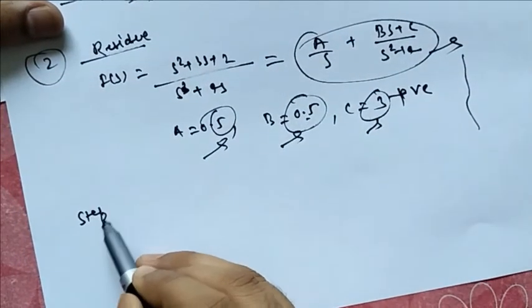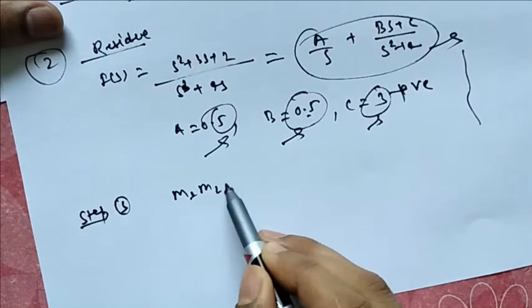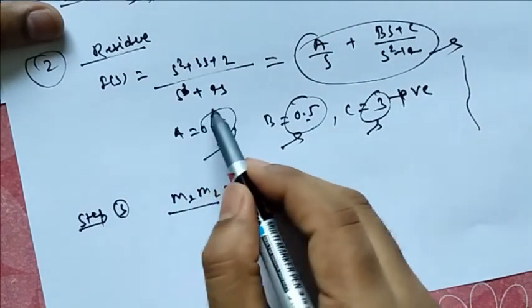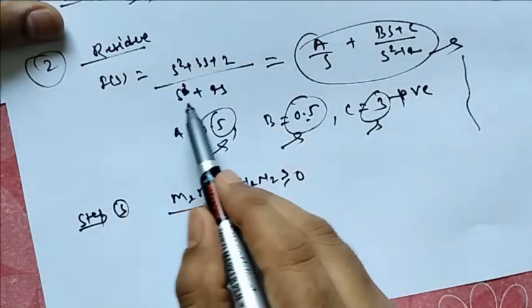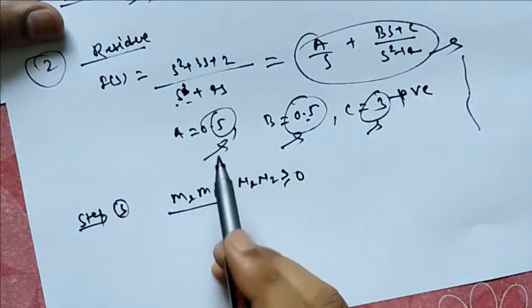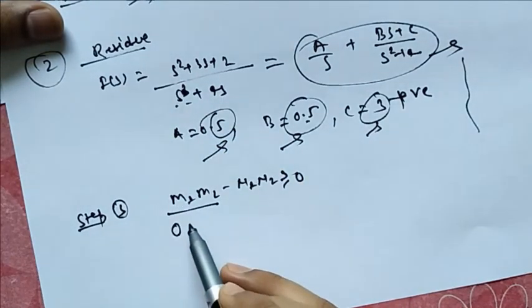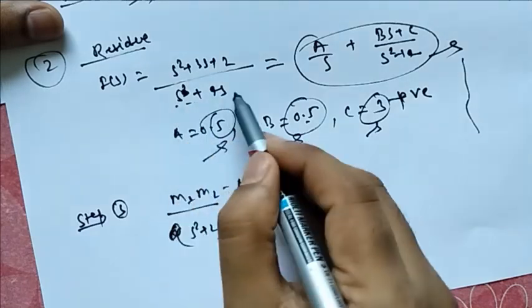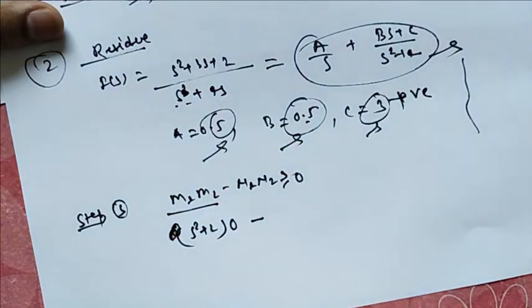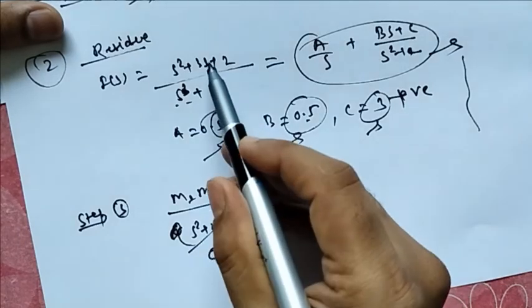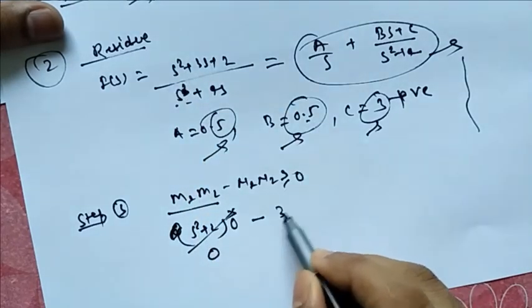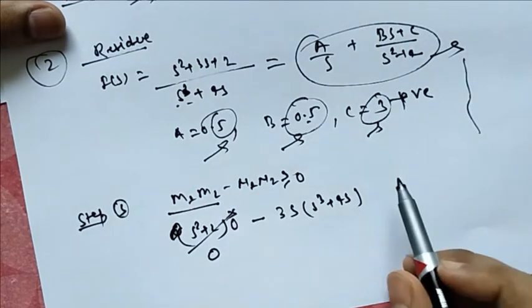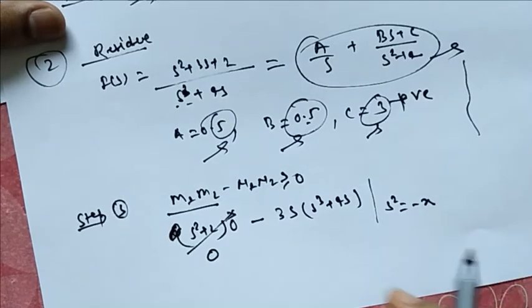Now step 3: we need to directly go to m1 m2 minus n1 n2 must be greater than or equal to 0. If you see this equation, what will be m1 m2? The denominator is odd only, so there is no even part, meaning 0. The even part of the numerator is s square plus 2, and the even part of the denominator is 0, so this value will be 0 minus n1 n2. The odd part of the numerator is 3s, and the odd part of the denominator is s cube plus 4s. We evaluate this at s square equal to minus x.